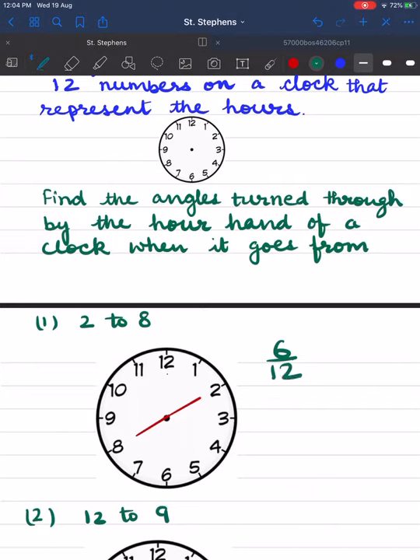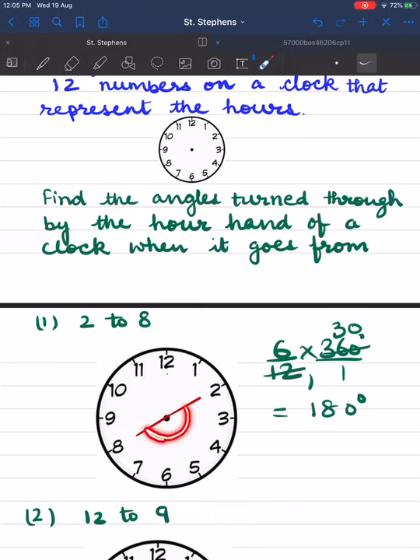And since it shows a complete angle, we multiply it with 360 degrees. So here we cancel the common factor. 12 ones are 12, 12 30s are 360. So we get 180 degrees. And by observation also we find that this angle is 180 degrees, a straight angle.